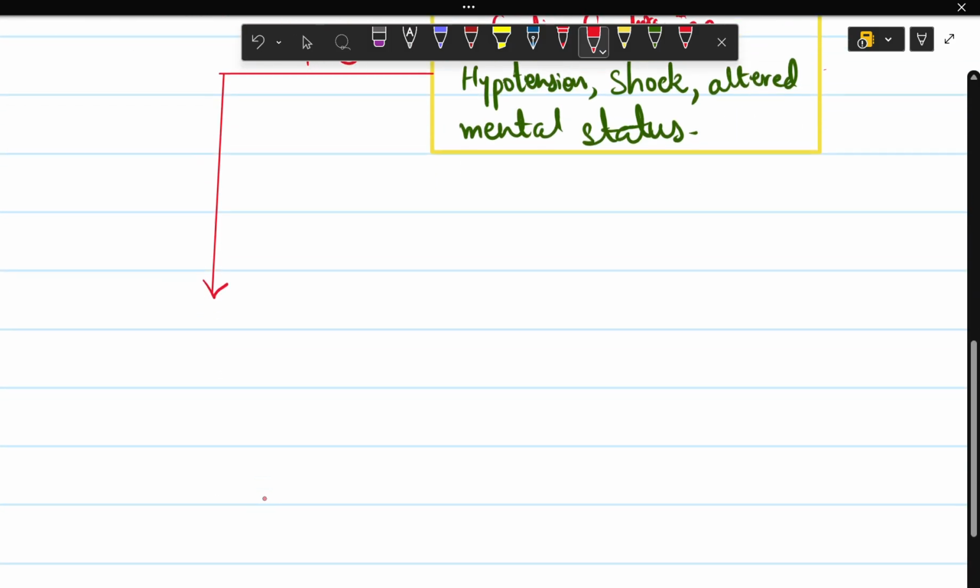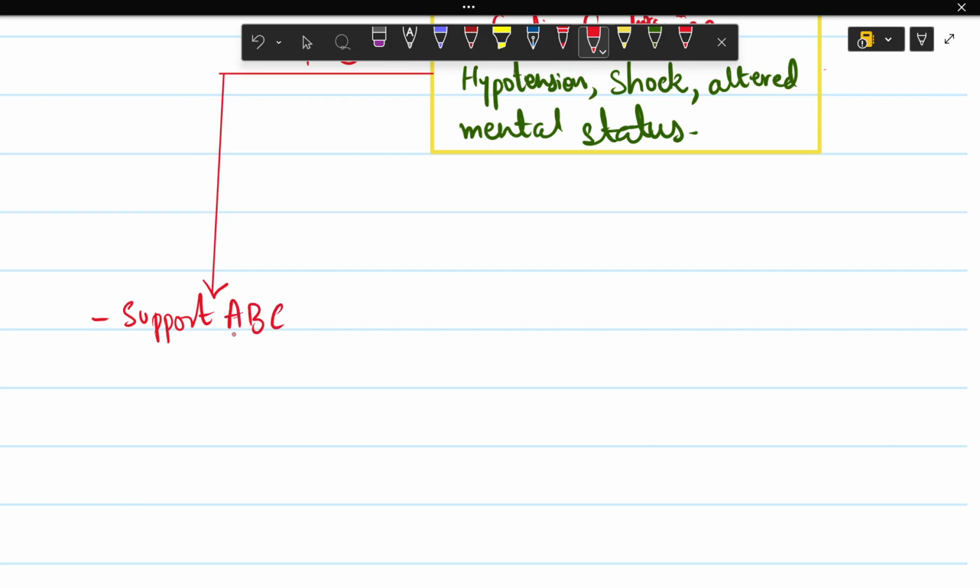What would you do next? You'll still continue the support, okay, the support of airway, breathing, circulation. You'll still continue giving the oxygen, and you will then move on to getting expert consultation.